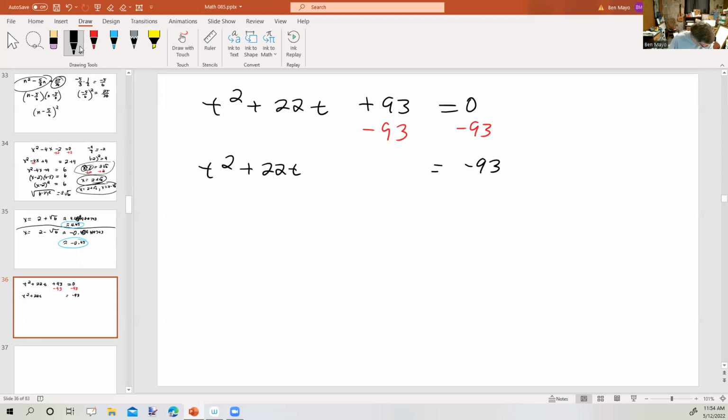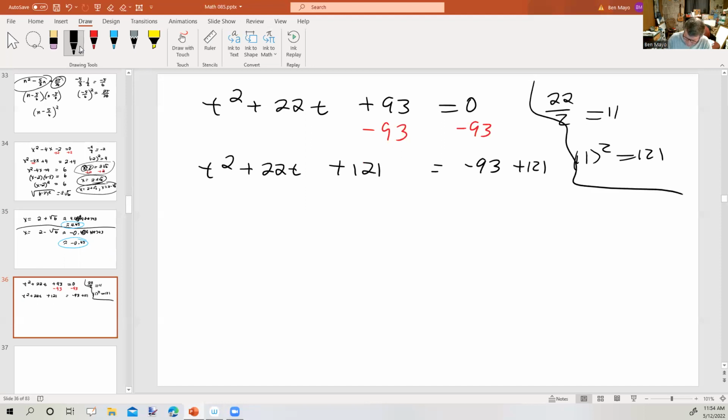Okay. My coefficient of t is 22. Divided by 2 is 11. Squared is 121. So I'm going to add 121 to both sides of the equation. On the left side, I now have a perfect square trinomial.